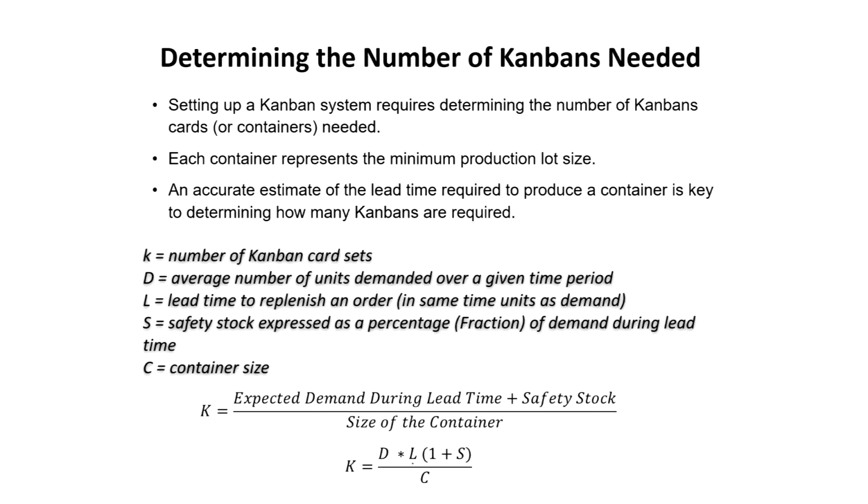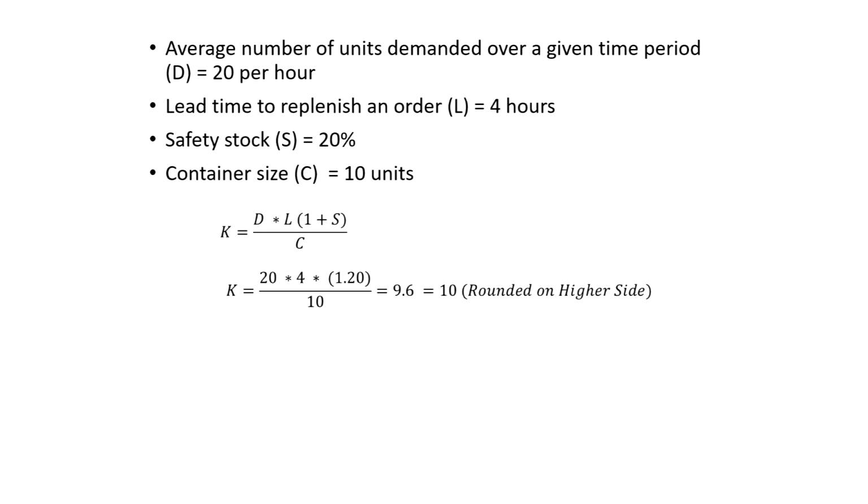So, we can calculate the number of Kanbans with the help of this formula, that is K is equal to D into L multiplied by safety stock and divided by the container size. Let us see one example here. Let us say there is a demand of 20 units per hour and lead time to replenish is 4 hours.